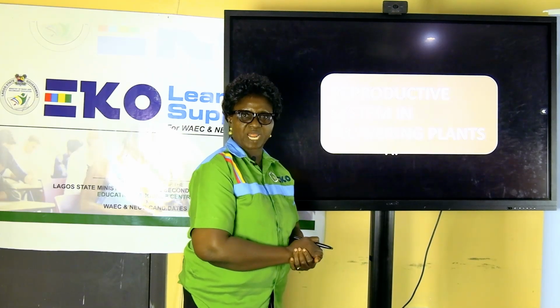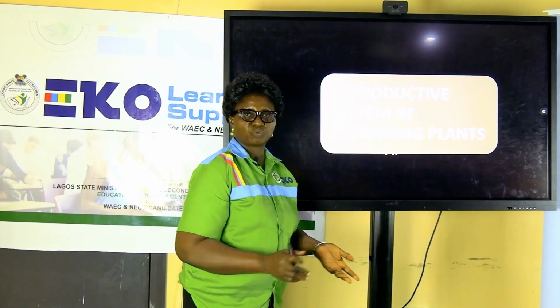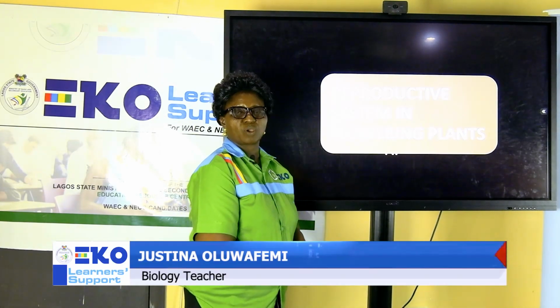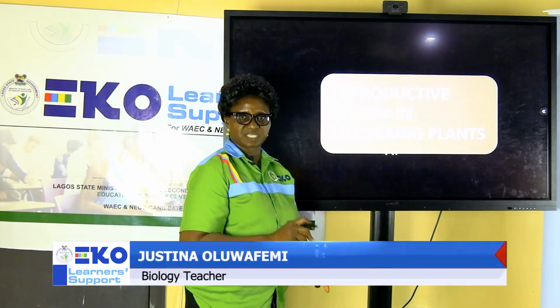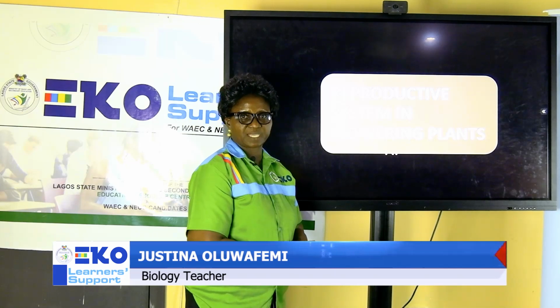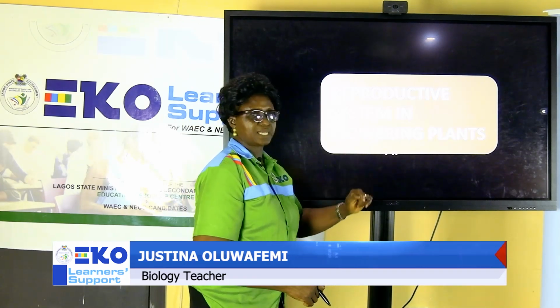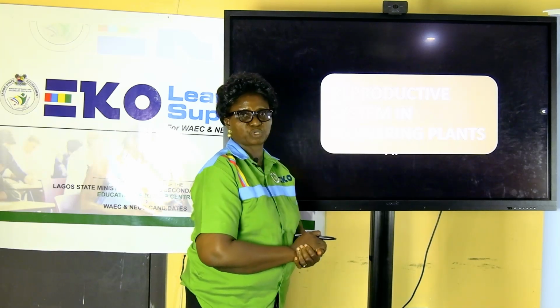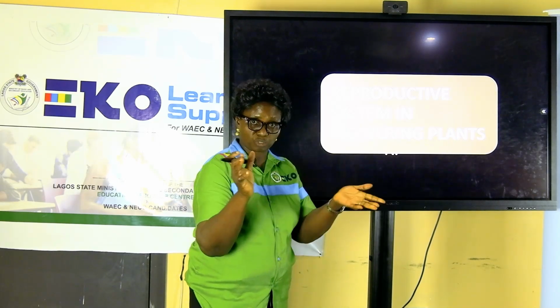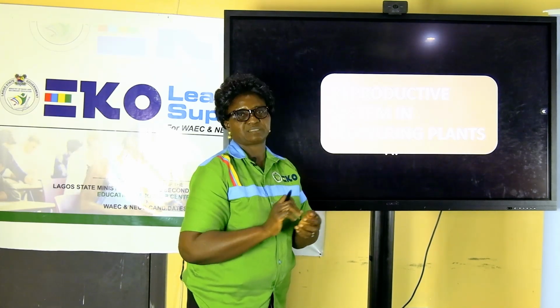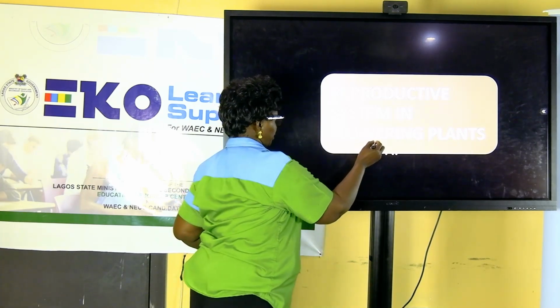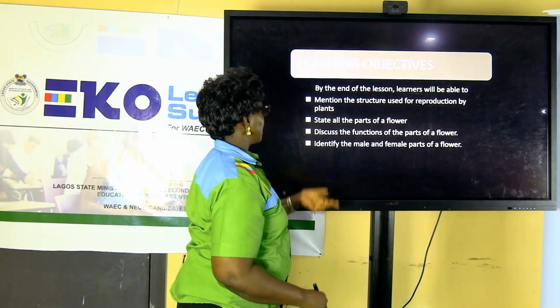We have plants all around us. We classify plants that reproduce sexually as sexual reproducers, and in flowering plants, we will be looking at a special feature, structure, or organ which they use for the purpose of reproduction.